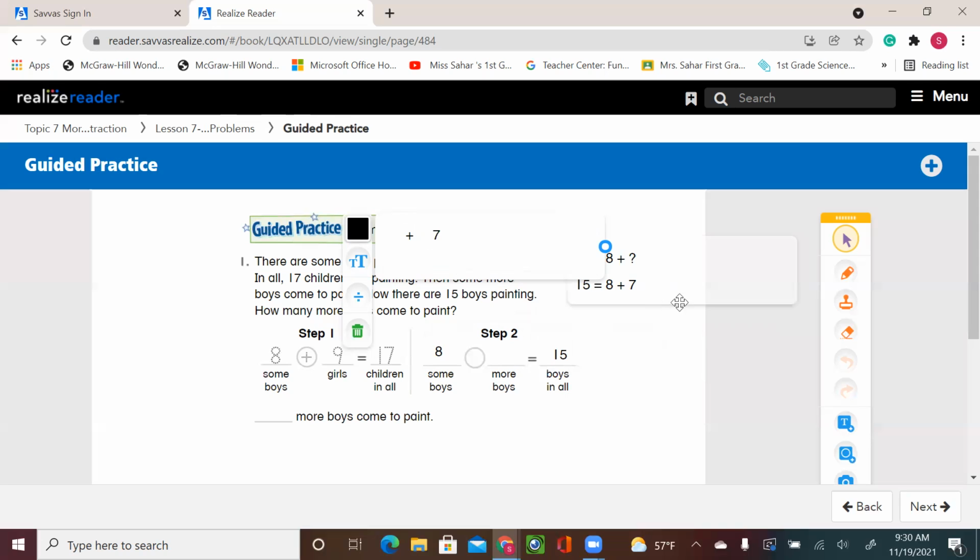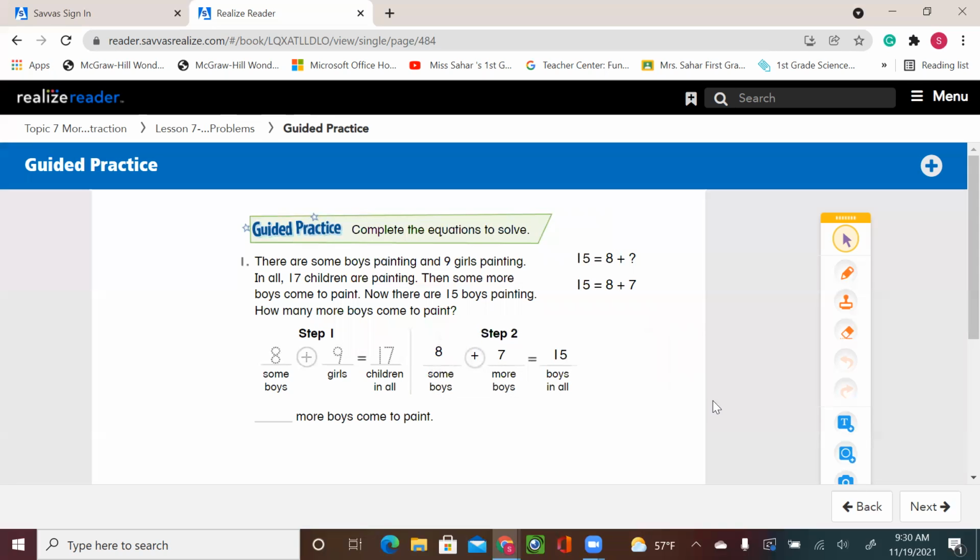And that's the missing part that I get. So now I know that 8 plus 7 more boys join equals 15. All right. Okay, so how many more boys come to paint or join later to paint? 7. Can I put it here?